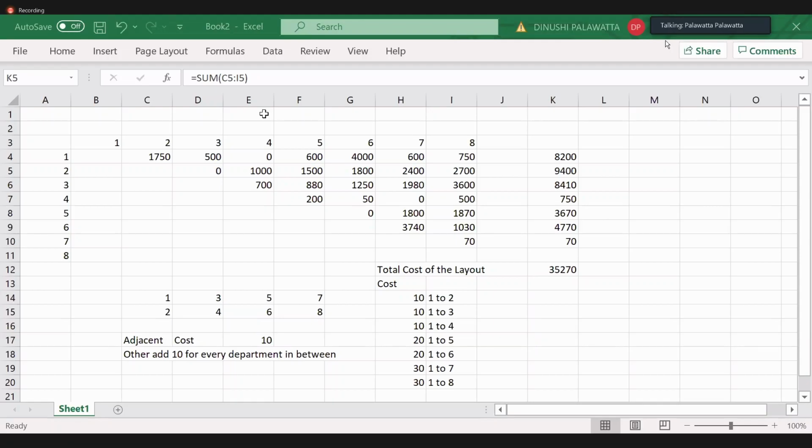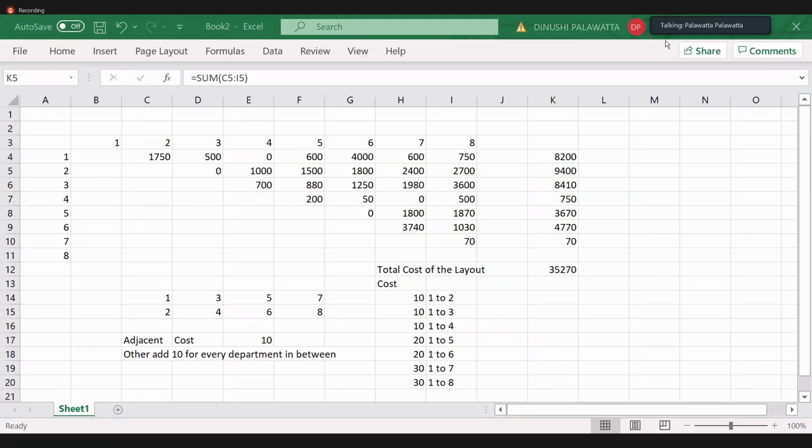3 to 4 is 170. From 3 to 4, we have 17 units, right?